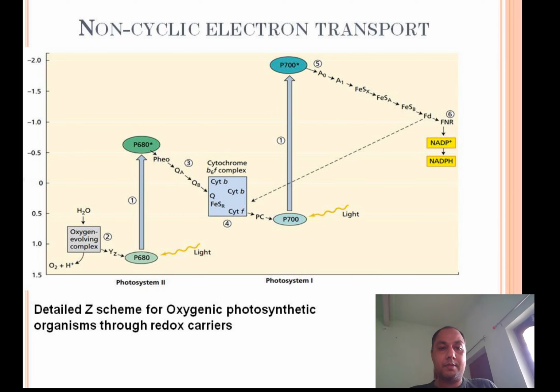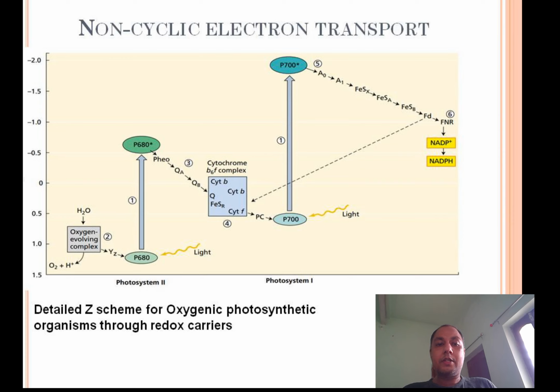Now what happens? One electron is channelized from water oxidation to P680, funneled in a Z-alphabet kind of situation.